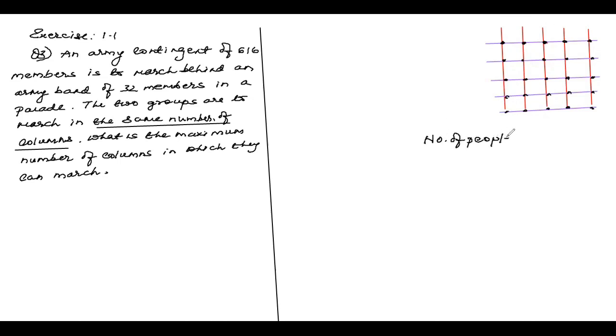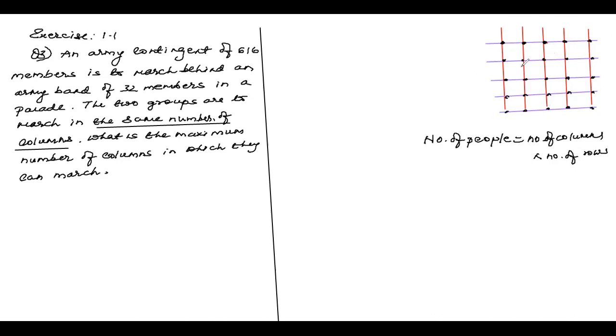You get it by doing number of columns multiplied by number of rows. How many rows are there? 5. How many columns? 5. Oh, 5 into 5. Kitna people are? 25 people are. This black dots represent the people.